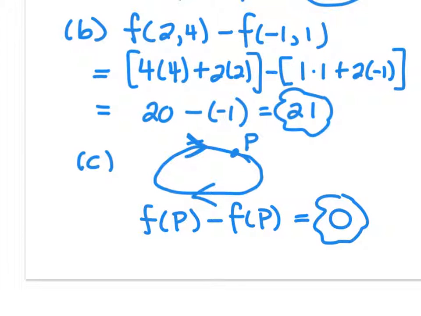That's something interesting about the fundamental theorem of line integrals. One of the things it tells us is that when you integrate a conservative vector field over a closed curve, the value of the integral is going to be 0.